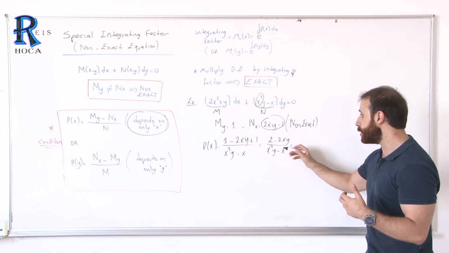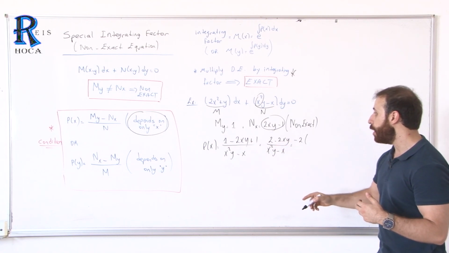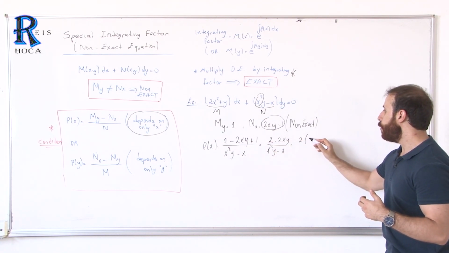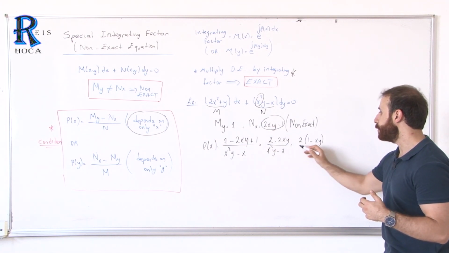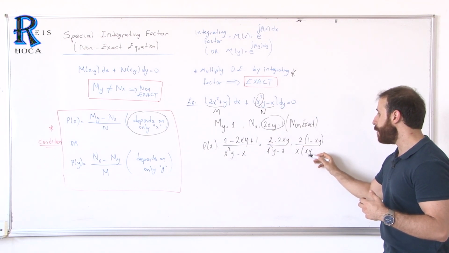So here 2 is, or minus 2 is, a common factor. If minus 2 is a common factor, we can write it like that, or let's say just 2 times (1 minus xy) here, and x is a common factor for the denominator, x times (xy minus 1).